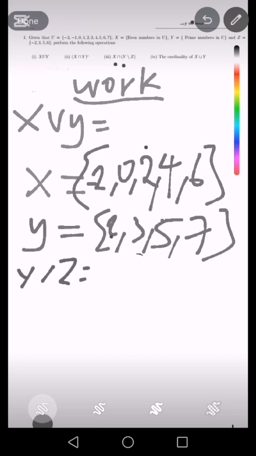So we remove all elements which are found in z.